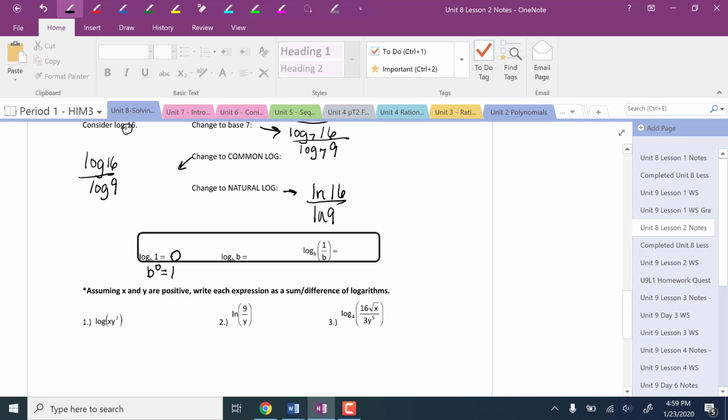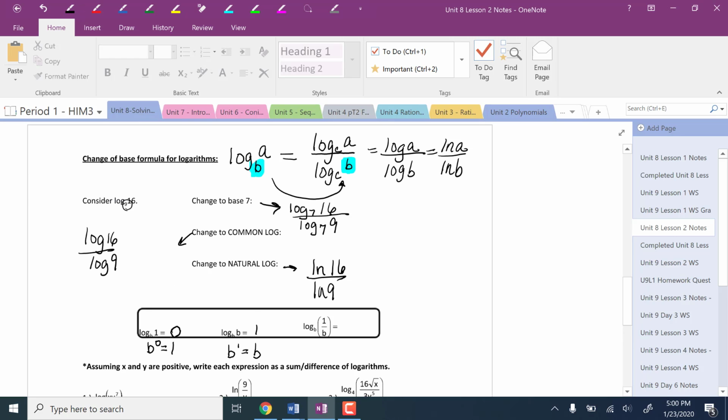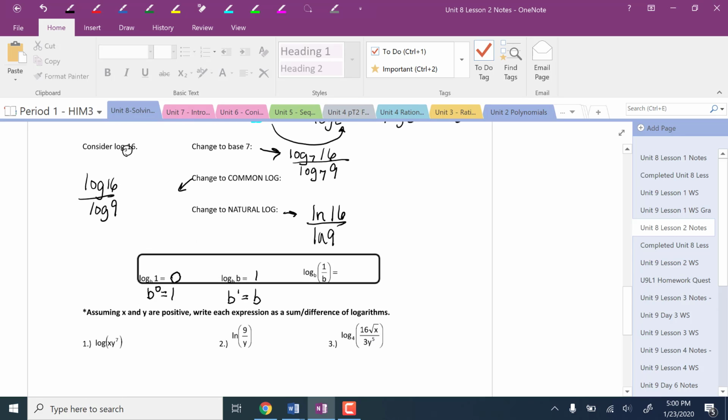And we know log base b of b is going to get 1 because that's the exponent I would put on a b or any base to not change it. And then finally, log base b of 1 over b is going to be -1 because b to an exponent of -1 produces that reciprocal of 1 over b.